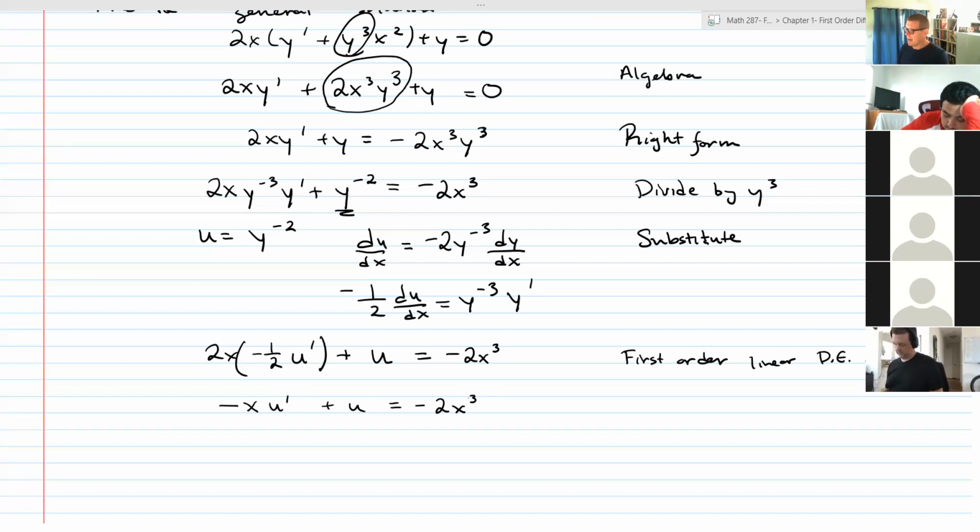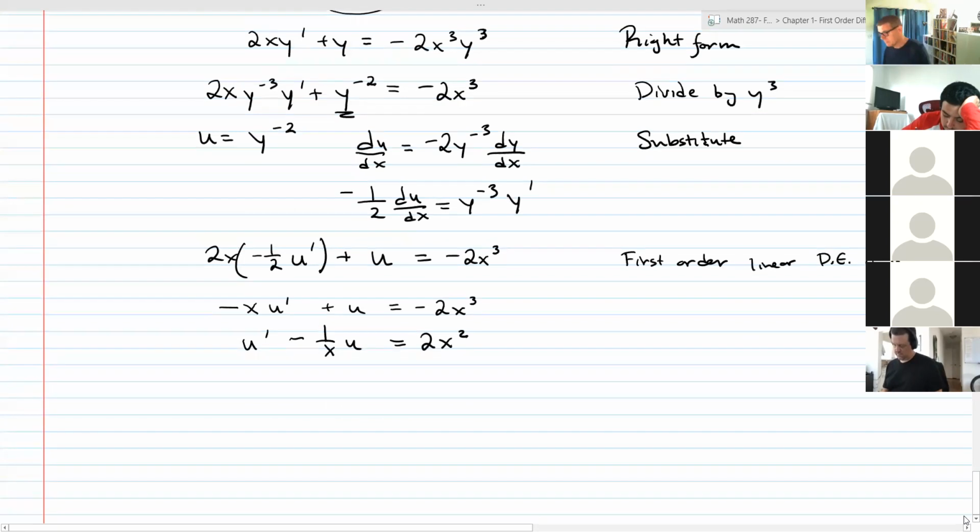And now we've got to divide through by negative x. So we get u prime minus 1 over x u equals 2x squared.